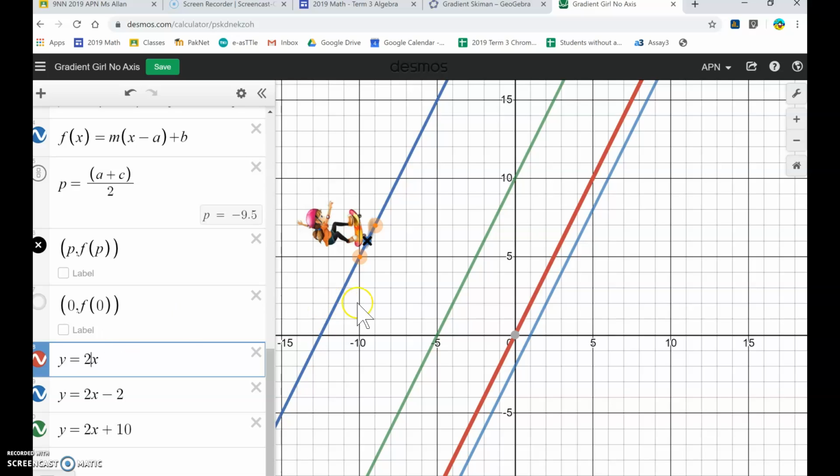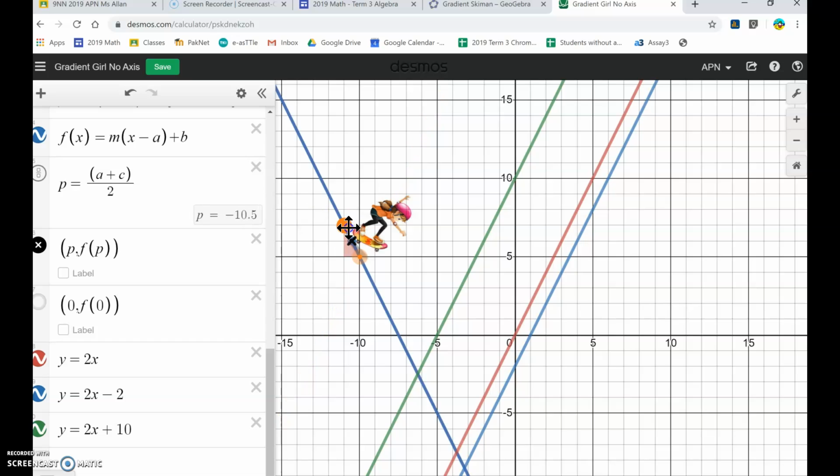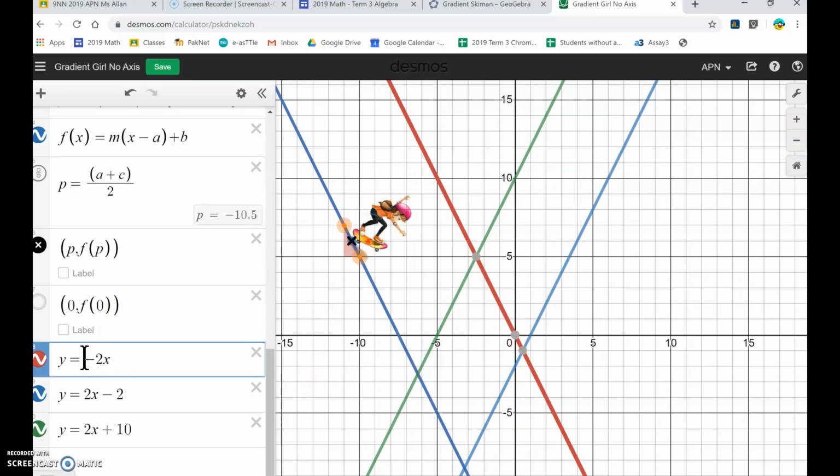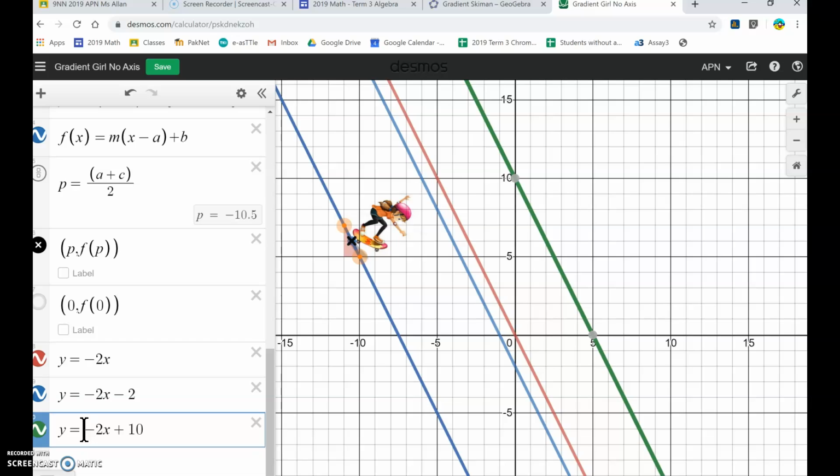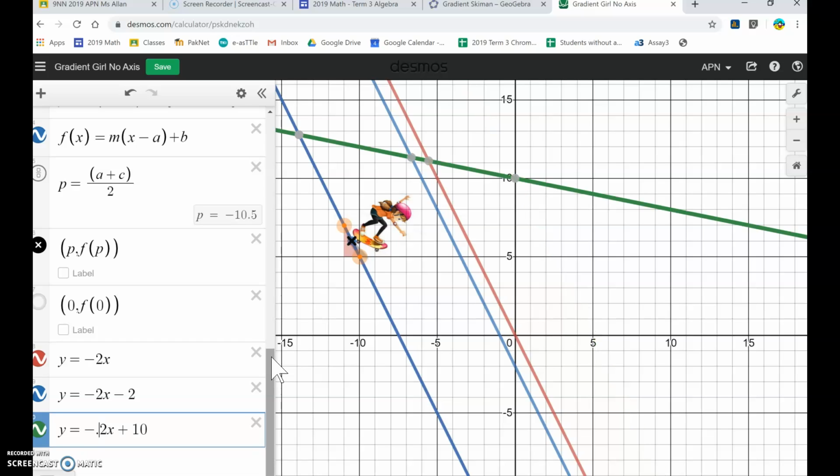If I wanted to flip it the other way to make it negative 2, I simply need to put a negative in front of the 2, a negative in front of the 2, and a negative in front of the 2. So those are all parallel lines, but now they've got a negative 2 gradient. What about 0.2? That's a fifth.